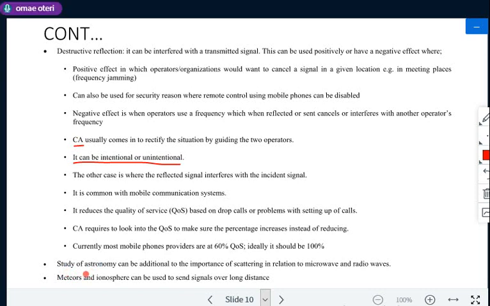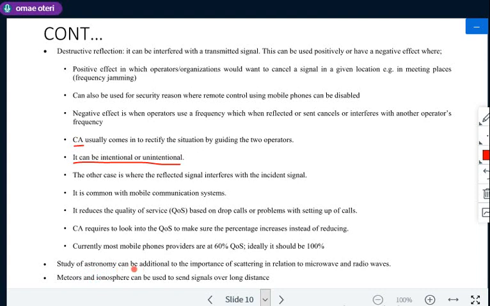So then we have a study in astronomy. You're talking about the concept of scattering. It can actually be applied in the study of astronomy. In astronomy, they don't only use radio waves and microwaves.